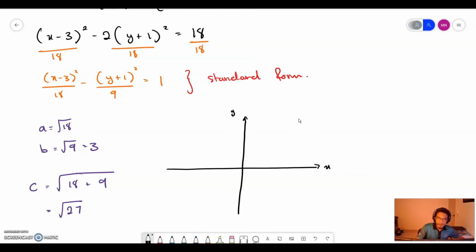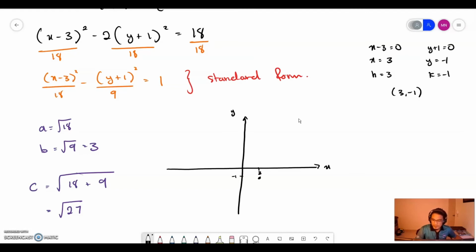To find the center, we take x minus 3 equal to 0, x equal to 3, so h equal to 3, y plus 1 equal to 0, y equal to negative 1, and k is equal to negative 1. So this is the center of our hyperbola at 3 and negative 1. So here will be the 3 and here will be the negative 1. So here is the center.